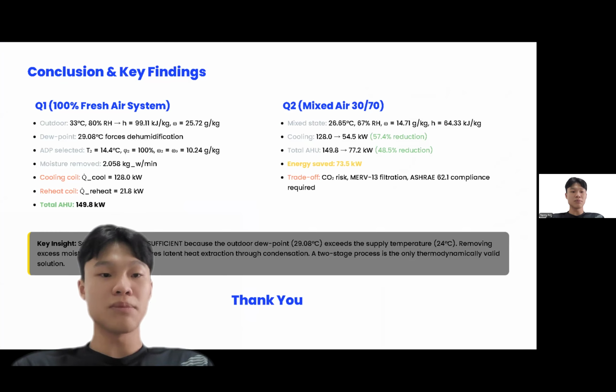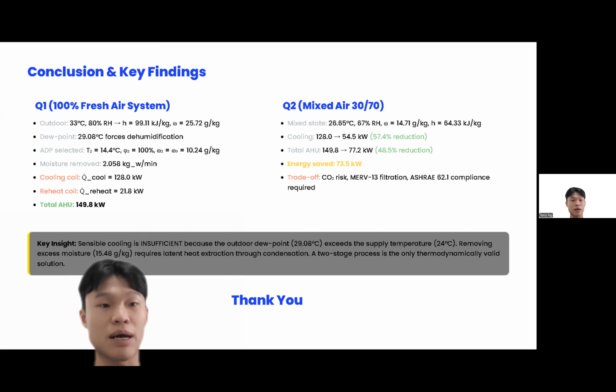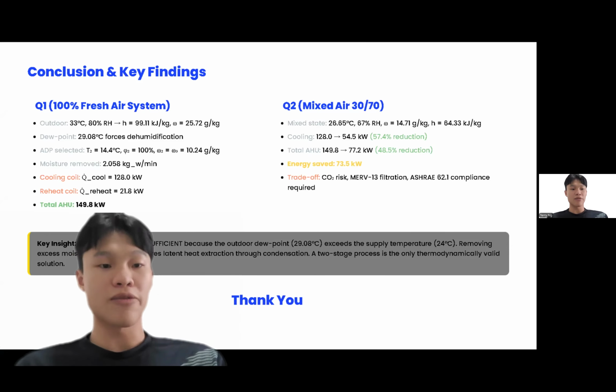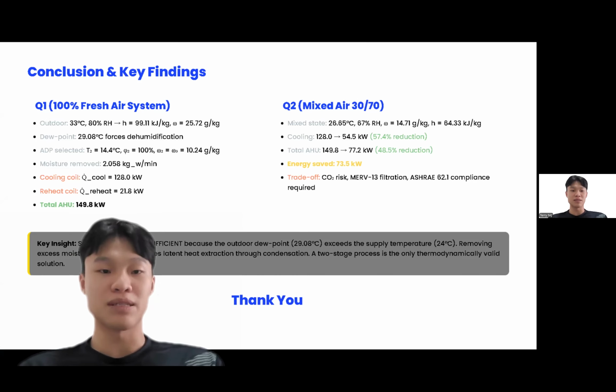In question 2, the mixed air system at 30/70 reduces the cooling load by 57.4% to 54.5 kilowatts, saving 73.5 kilowatts and cutting the total AHU load by nearly half. This comes with trade-offs: CO2 risk, filtration requirements, and ASHRAE 62.1 compliance. But it's the correct engineering approach with proper safeguards.